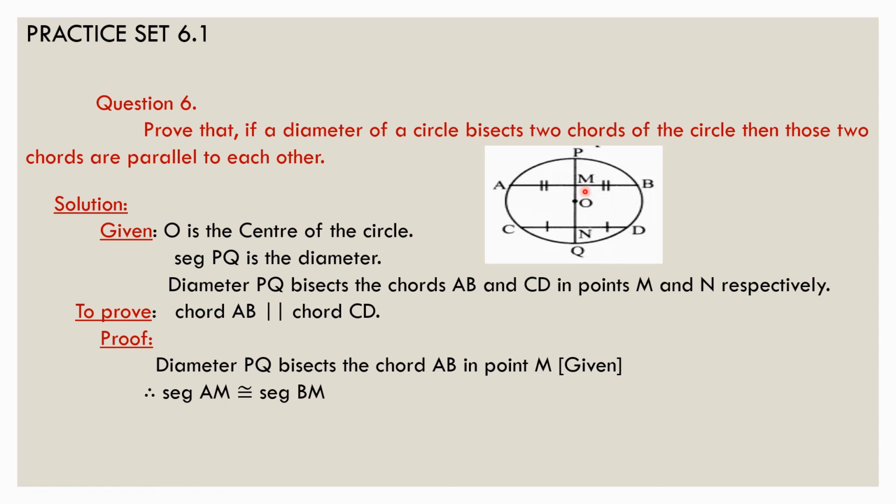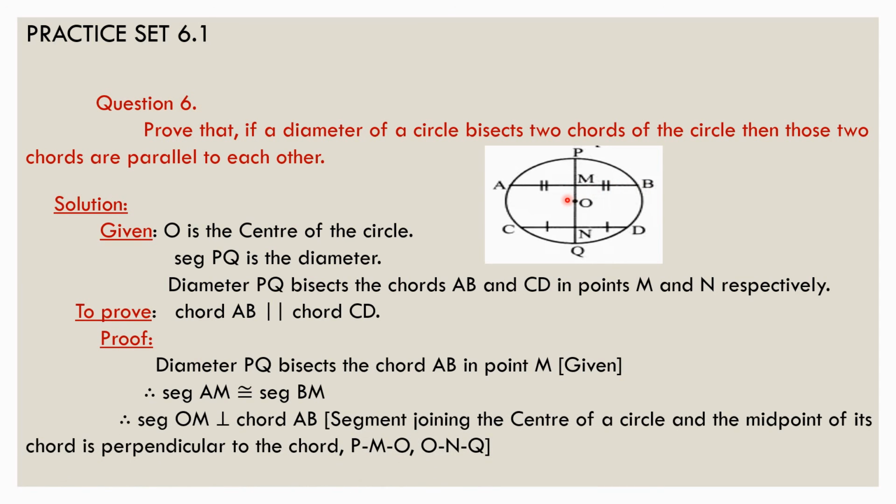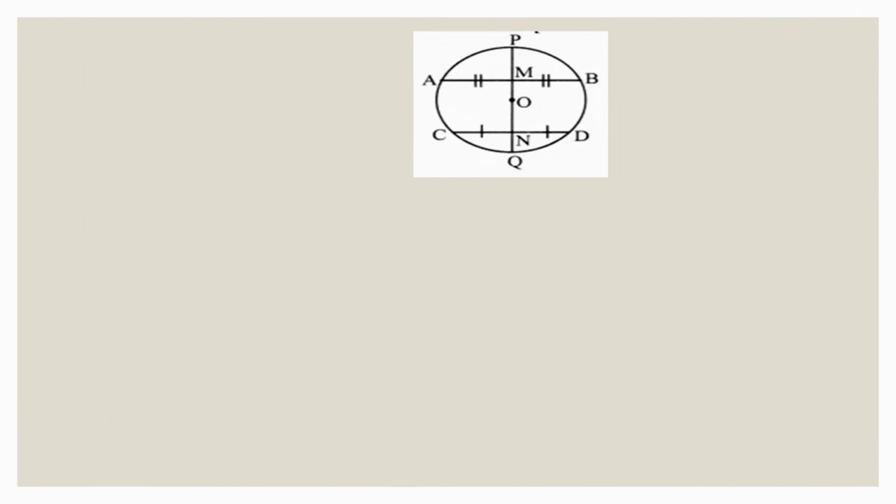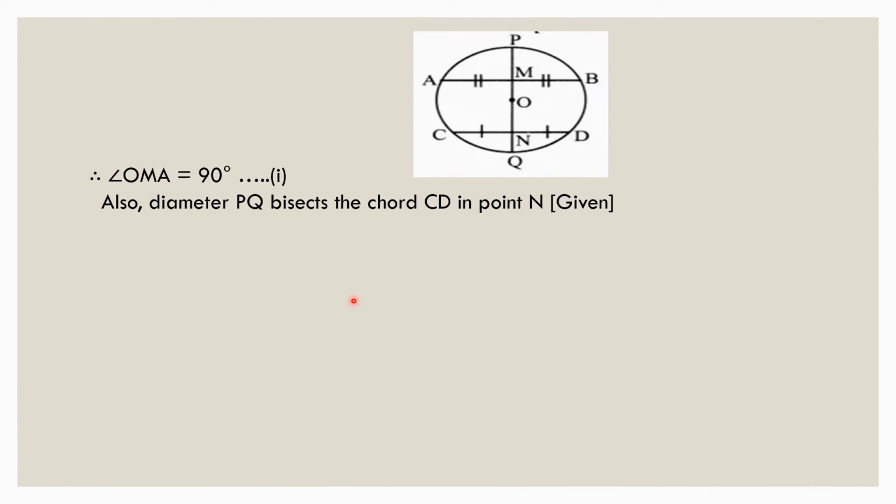And therefore segment OM is perpendicular to chord AB, because the segment joining the center of the circle and the midpoint of its chord is perpendicular to the chord, where A-P-M-O and O-N-Q. Here angle OMA is equal to 90 degrees. That is equation 1. And also diameter PQ bisects the chord CD in point N.